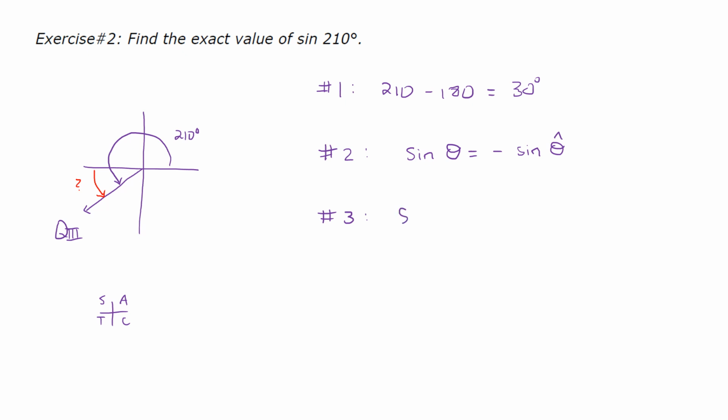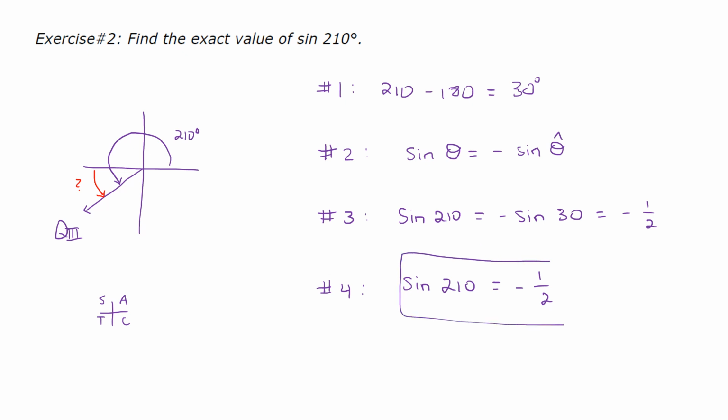So the sine of 210 now equals the negative sine of 30 degrees. When we evaluate the negative sine of 30 degrees, we will get negative 1/2. So our answer then, the sine of 210 equals negative 1/2. And that is the exact value of the sine of 210.